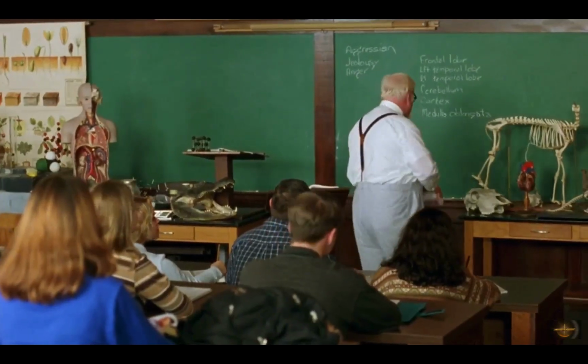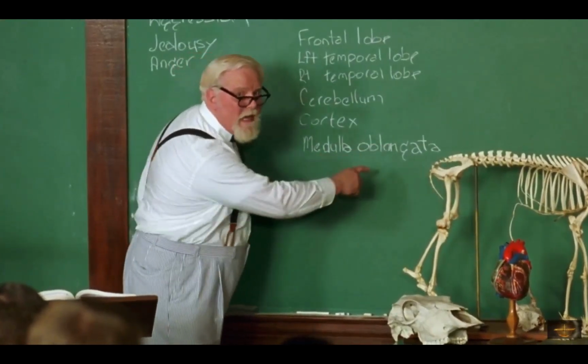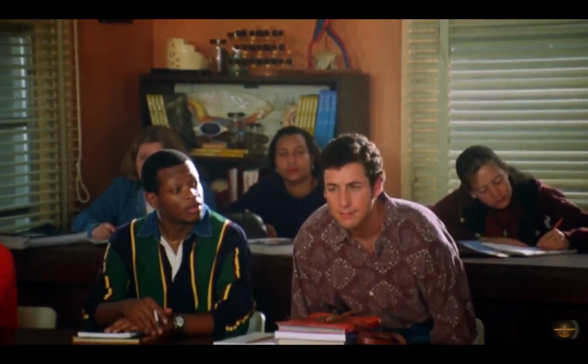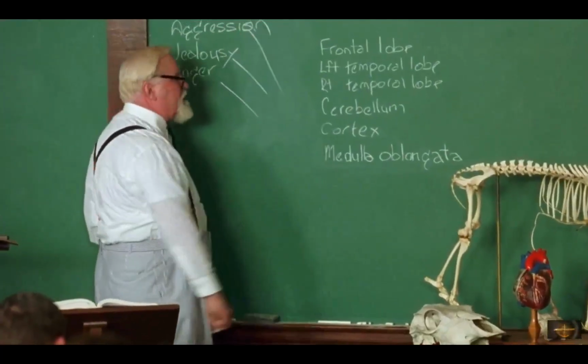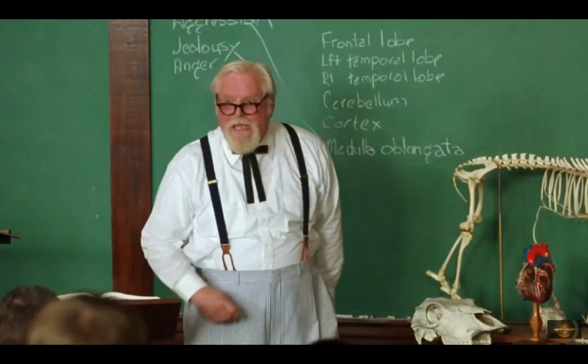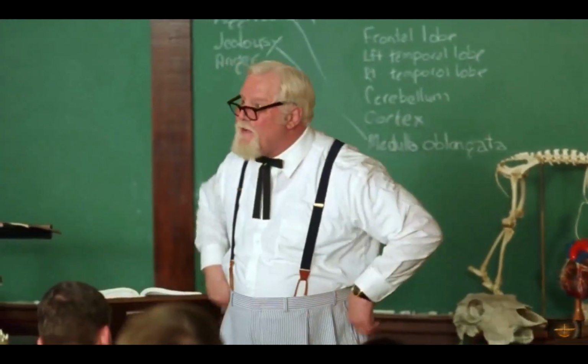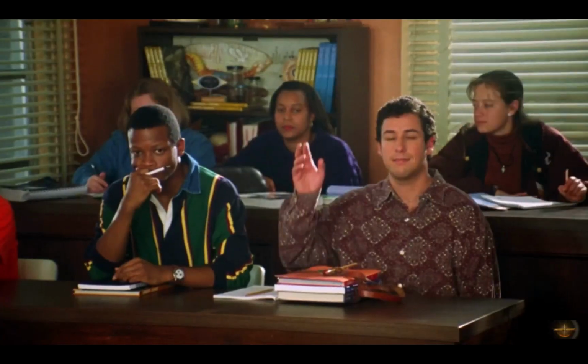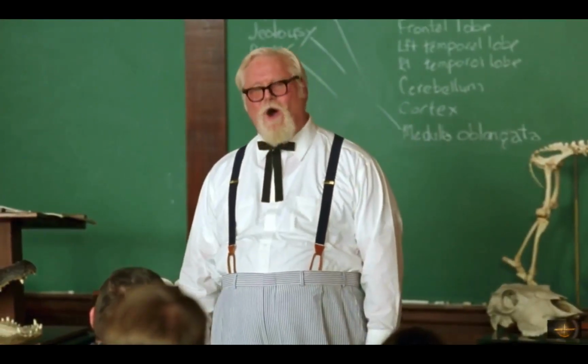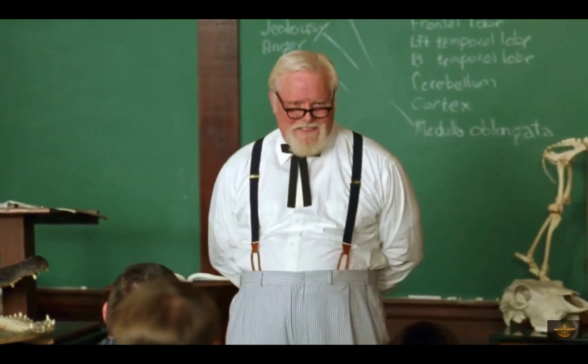It's the sector of the brain which controls aggressive behavior. That is correct. The medulla oblongata is where anger, jealousy, and aggression come from. Now, is there anybody here can tell me where happiness comes from? Mama say that happiness is from magic rays of sunshine that come down when you're feeling blue.